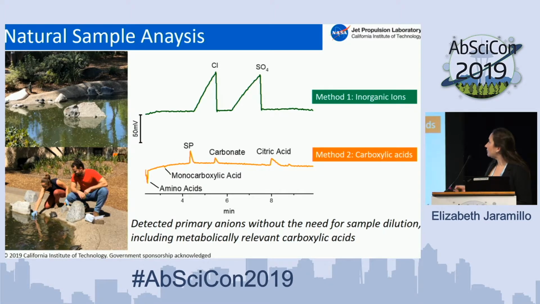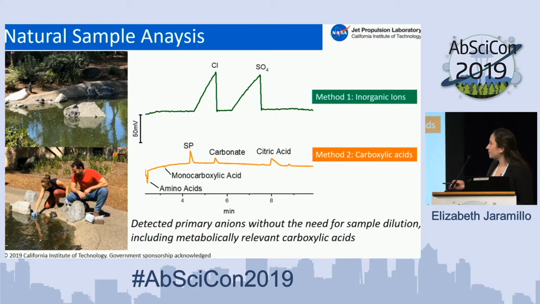And when we ran that, we found the chloride and the sulfate, which are the dominant inorganic anions in that solution. And then we also found citric acid, which we would expect because if you have a lot of metabolism in a very large life-filled pool, you would expect citric acid from the citric acid cycle to be there. We found carbonate, and we found a tiny bit of monocarboxylic acids.